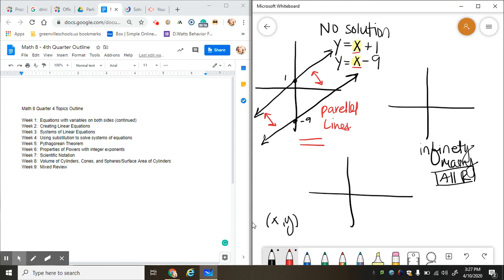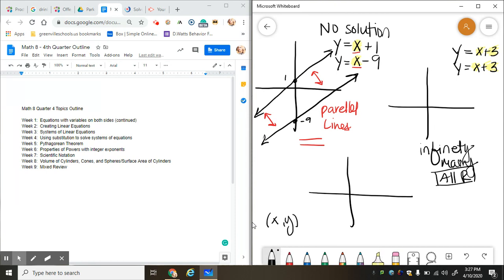Now if it's infinitely many solutions, you're going to have 2 different equations, and it might look something like this: x plus 3 and x plus 3. Notice the whole equation for both of them is exactly the same.